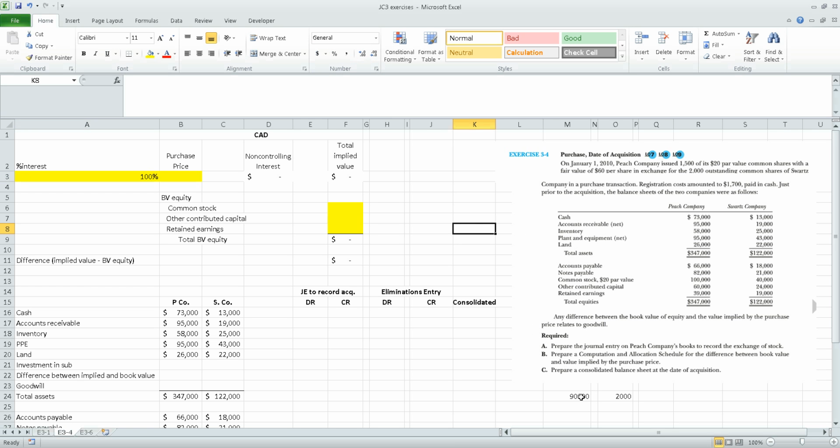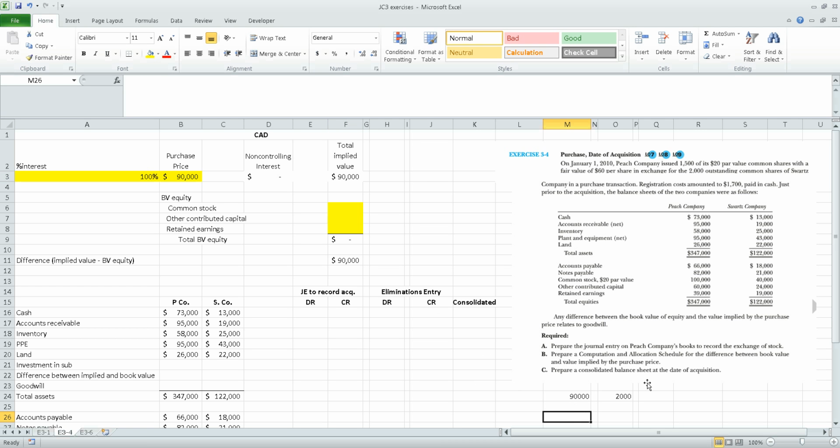Okay, so the purchase price that Peach paid was $90,000, so we'll enter that into the CAD purchase price column, and you see then that the total implied value obviously is 100%, because that's what 100% of the company is worth. So the implied value of Schwartz's company equity was $90,000.